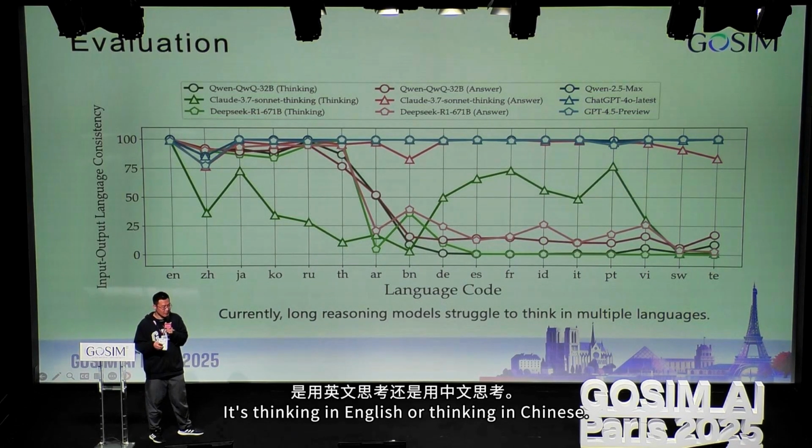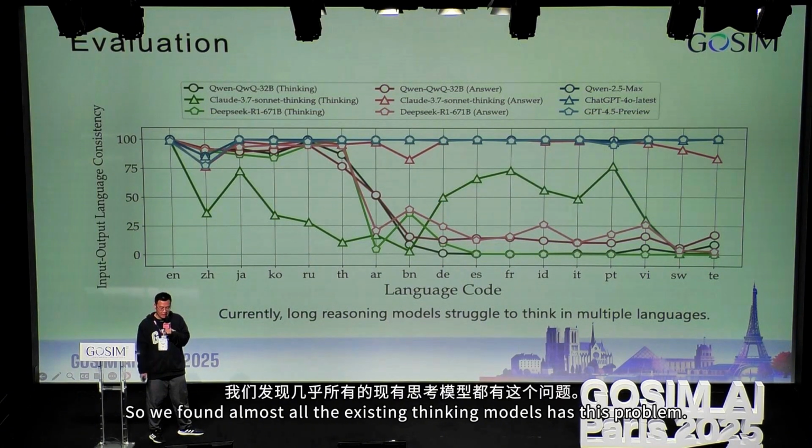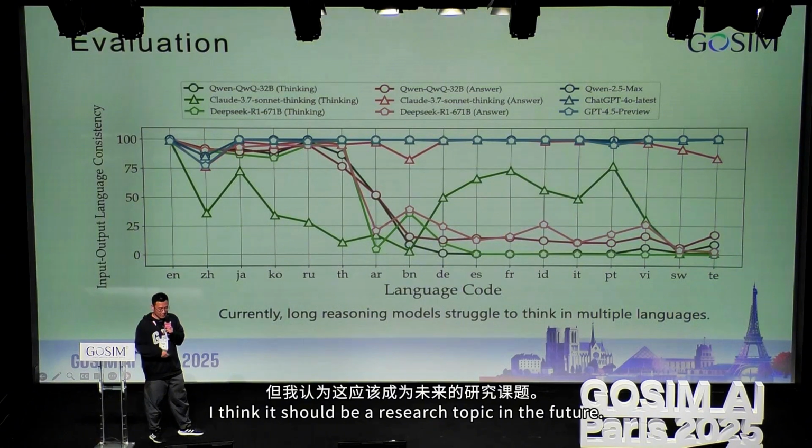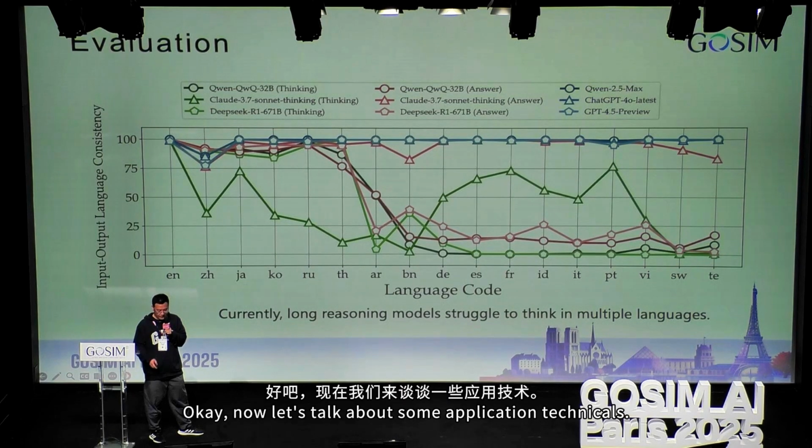It thinks in English or in Chinese. We found that almost all existing thinking models have this problem. Maybe it's due to poor capabilities in generation and reasoning in low resource languages. But I think it should be a research topic in the future.